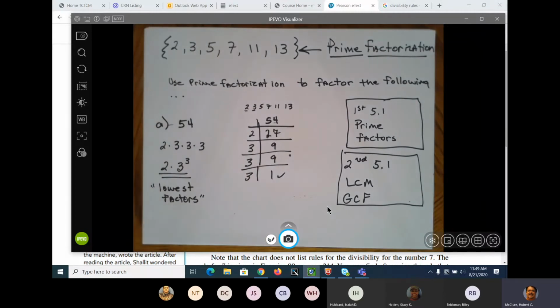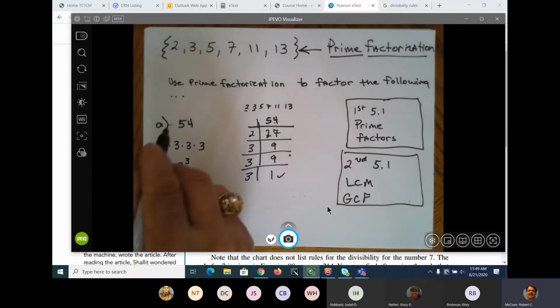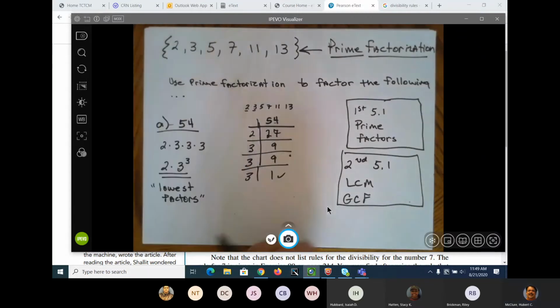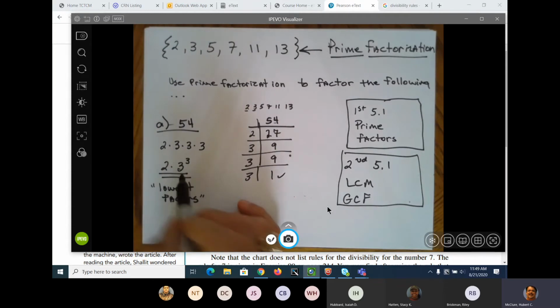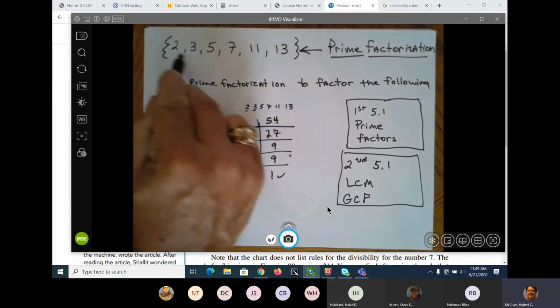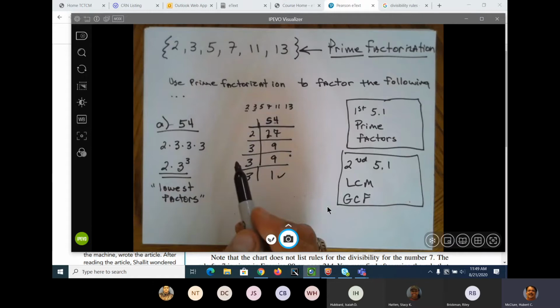Now, every question you get on the test will be like this. You've got to get it down in terms of prime factors, which means 2, 3, 5, 7, 11, and sometimes 13.